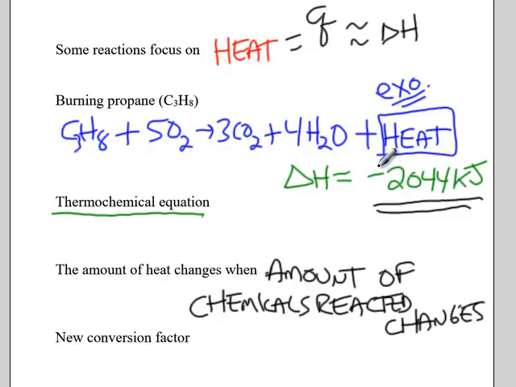So this delta H, this heat or enthalpy number, tells us how much heat would be released because it's negative. Remember, Q is negative or delta H is negative. That means heat is released. It's exothermic.